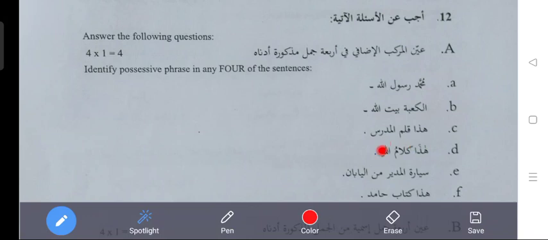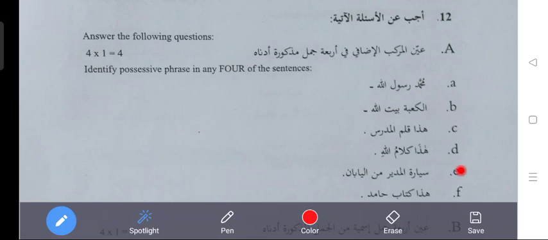One beside the other, two nouns are there, and the first noun doesn't have alif lam, and the second, Allah, carries al. It may have al or may not have al. So Kalamullahi is the possessive phrase. Write down Kalamullahi in the answer sheet. Beside Kalamullahi, write Al-Murakkab Al-Izafi.